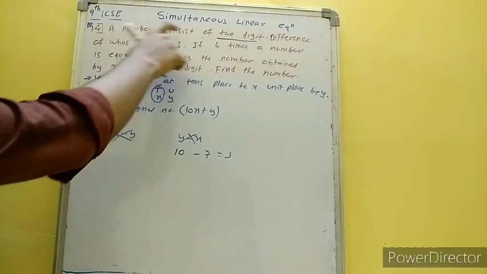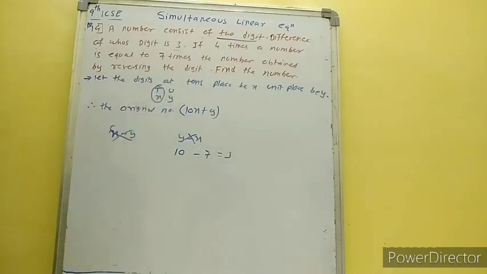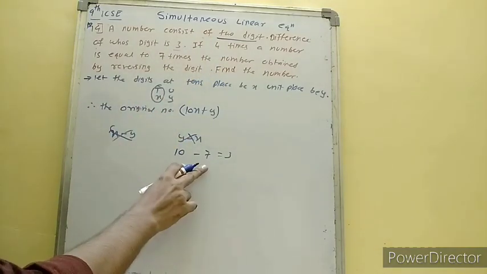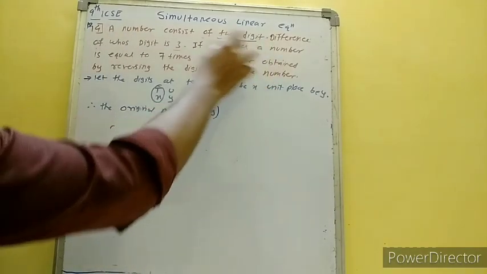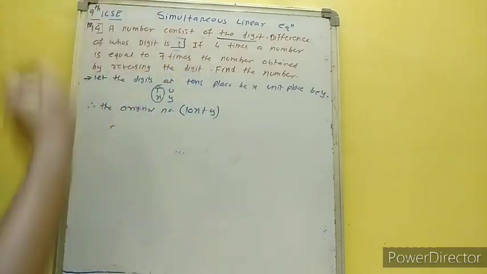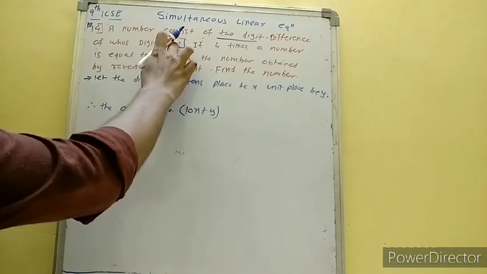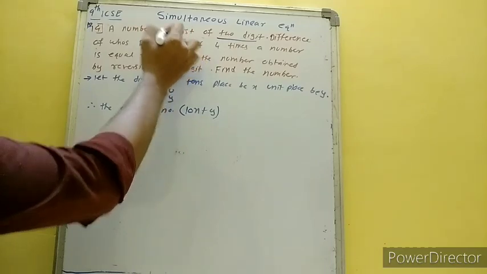But from the 2 digits x and y, we don't know which is the bigger digit, so we cannot find their difference. So we will skip the first part of the question and keep this as it is: the difference of the digits is 3.